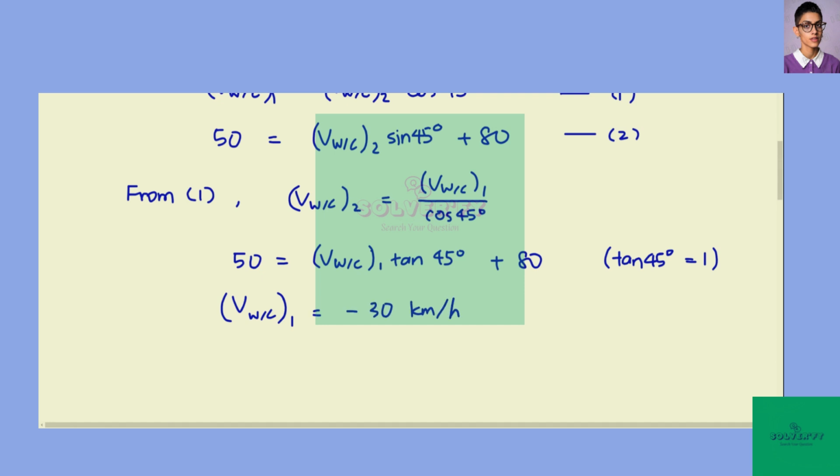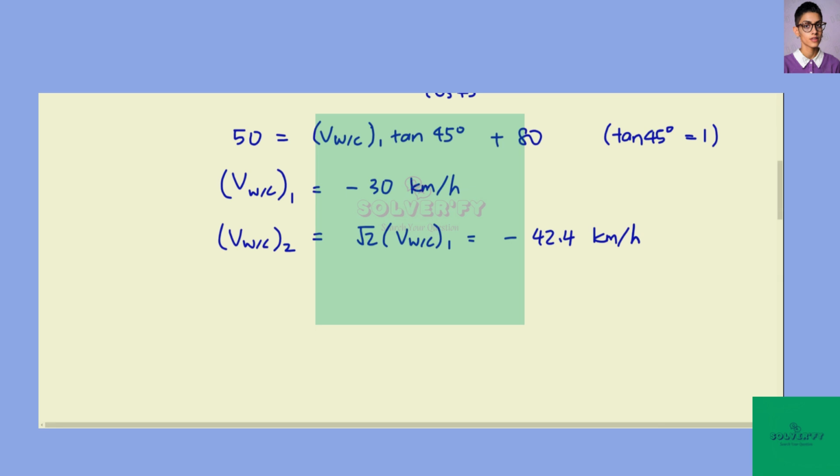And then V_W/C2 will just be square root 2 of V_W/C1. This gives us negative 42.4 kilometers per hour.